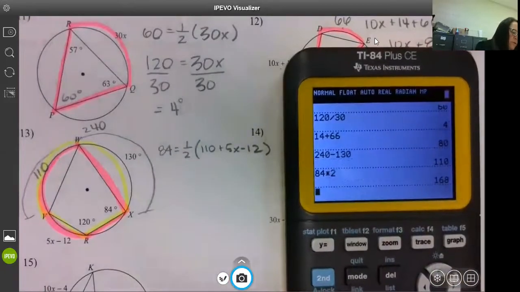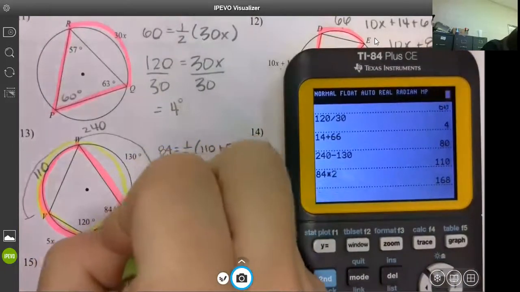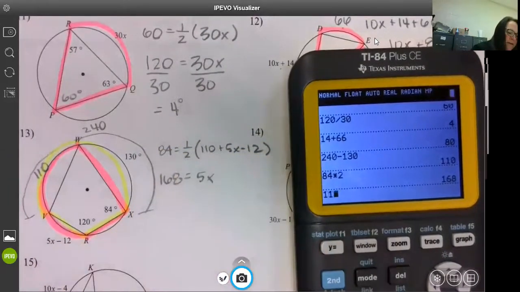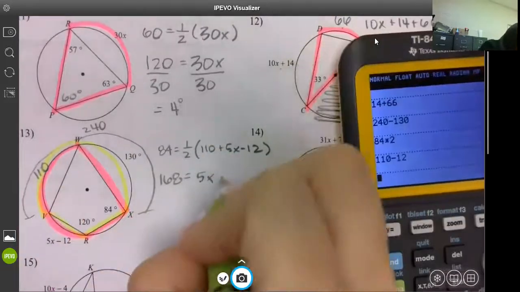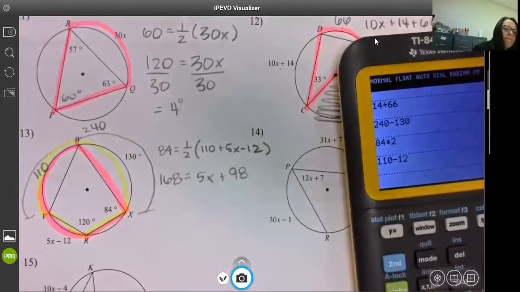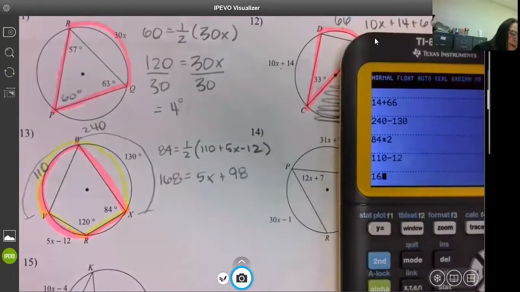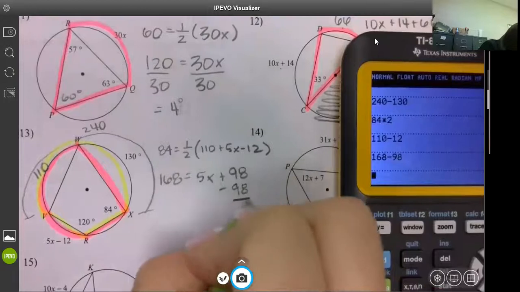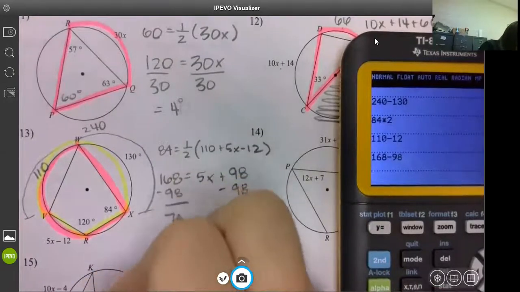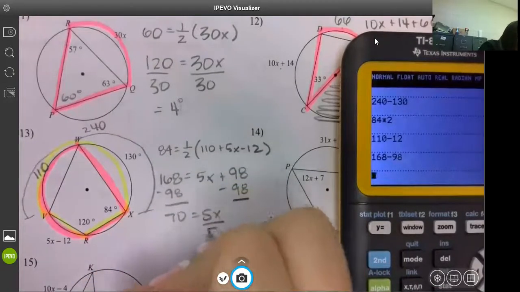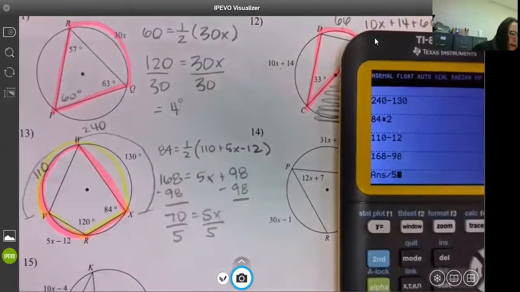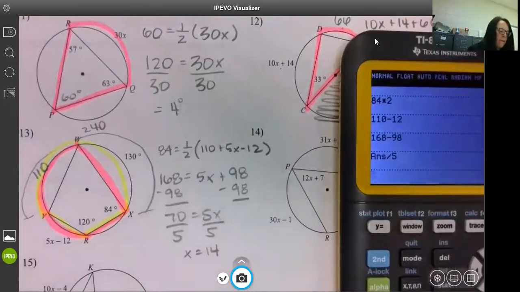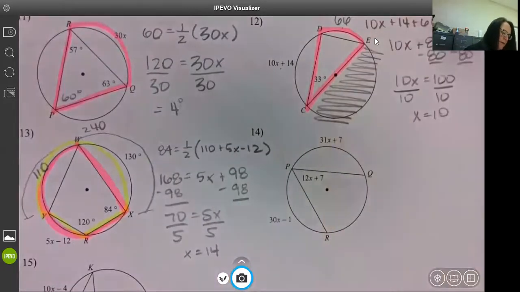So 84 times 2 is 168 equals 5x and then 110 minus 12 is 98. We're going to subtract 98. We get 70 equals 5x. Divide by 5. And we get x equals 14. So that one's a little more complicated, but not too bad.